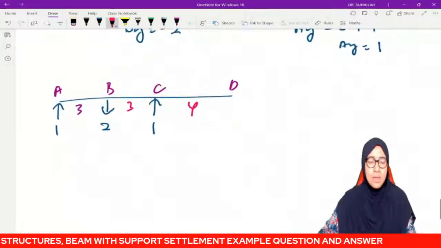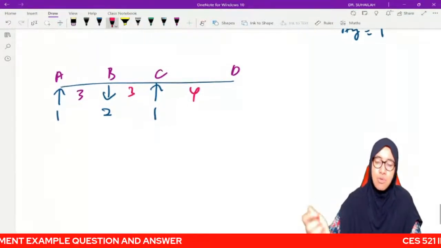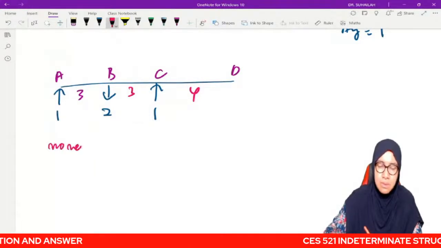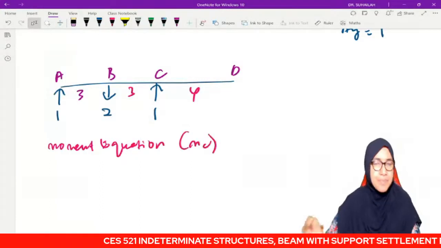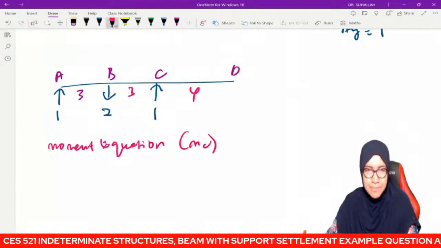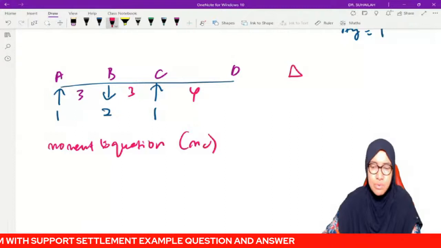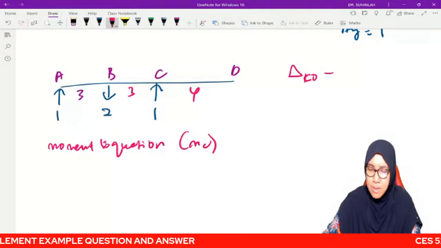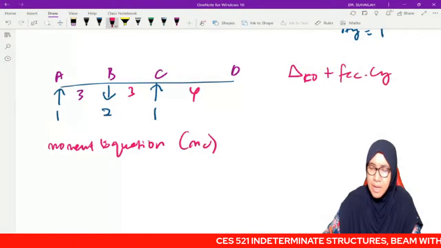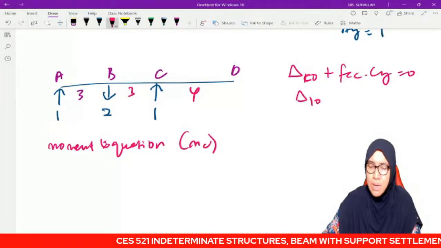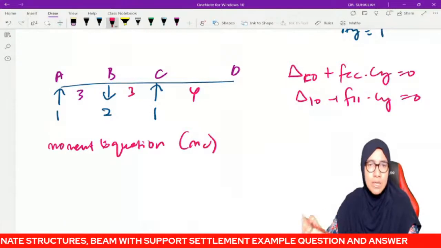Now we write the moment equation MC. We need MC because we have to refer to delta C naught at position C, plus FCC times CY. Of course, you can also write delta 1 naught plus F11 times CY. It doesn't matter, both are the same.